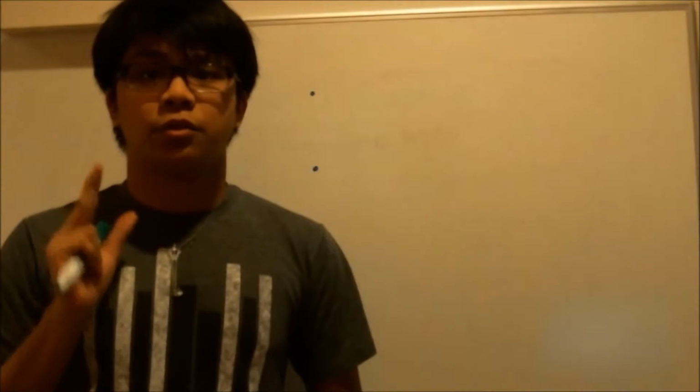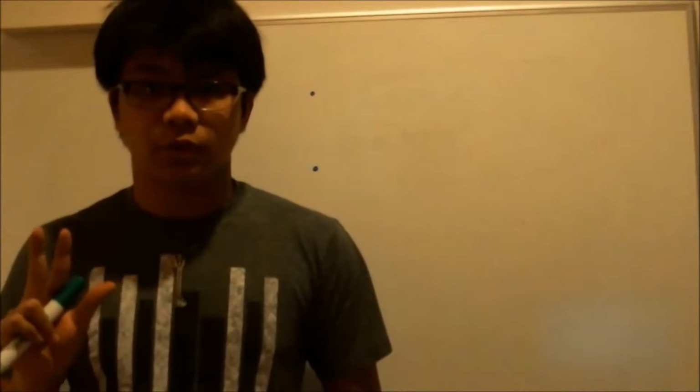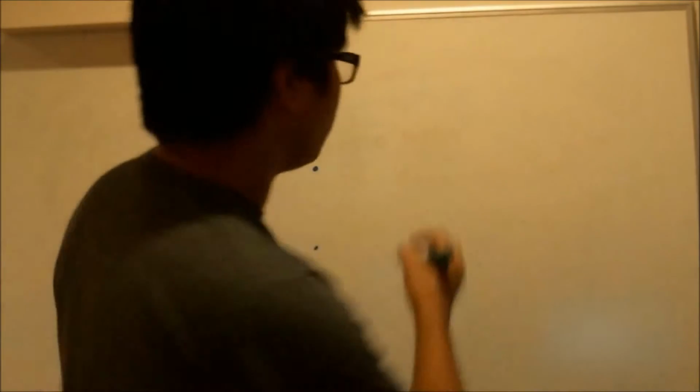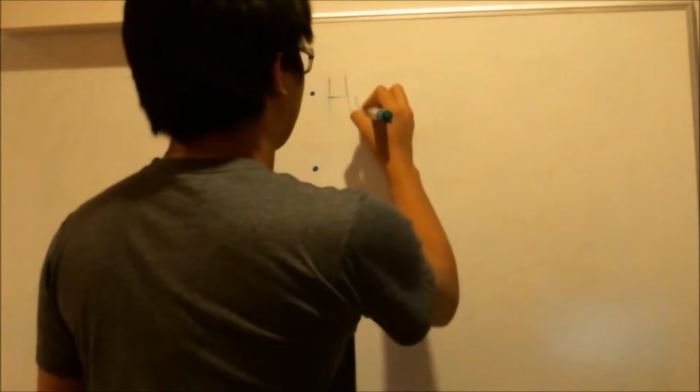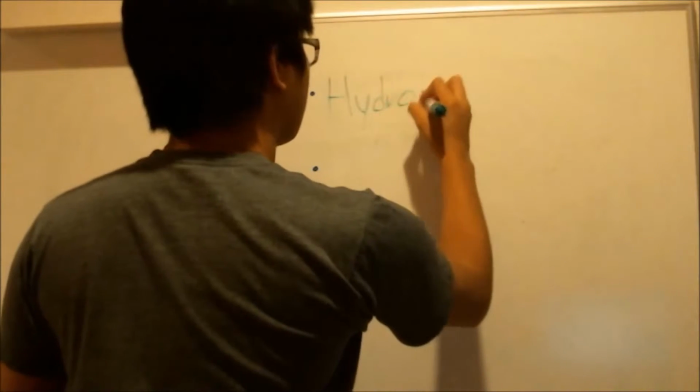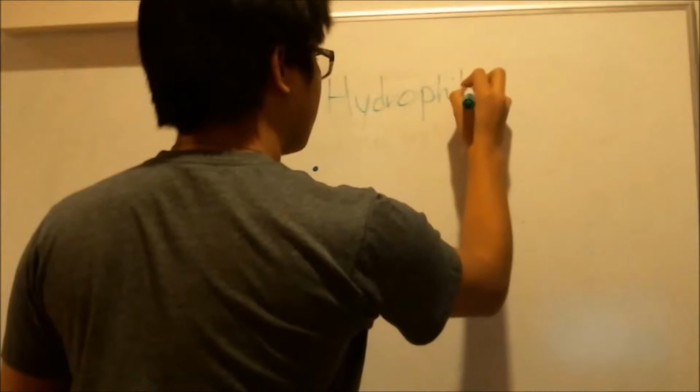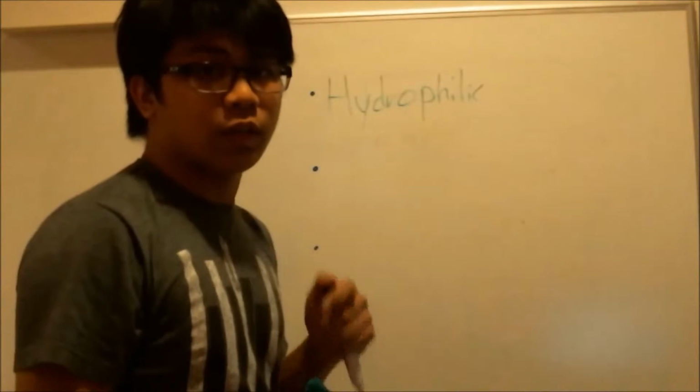When it comes to biological compounds, there are 3 classes of water solubility. The first one is hydrophilic, and hydrophilic likes water.